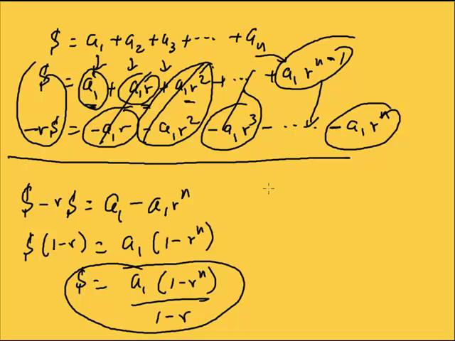So going back to the other problem, let's say you have 2 plus 4 plus 8 plus 16 plus dot dot dot, and you want to find the first 100 terms. You can use this formula.